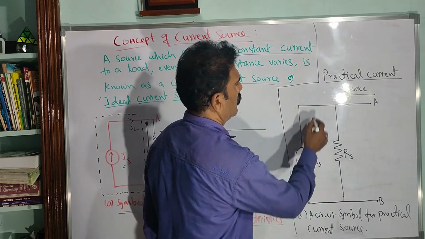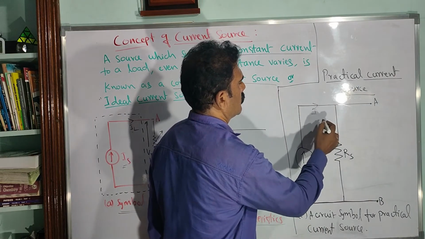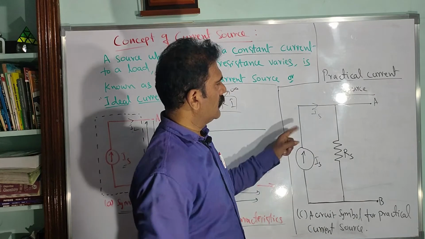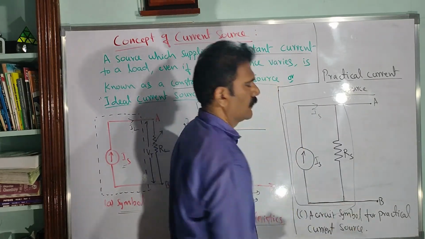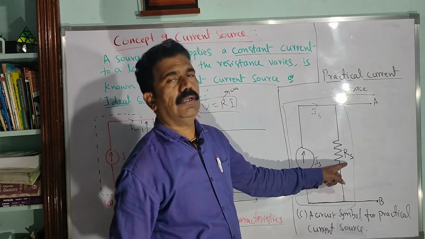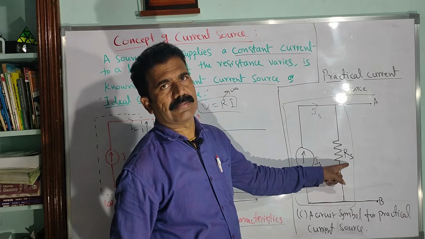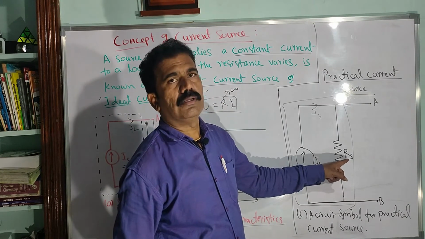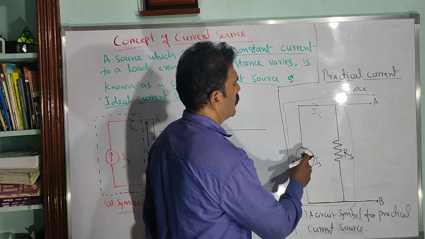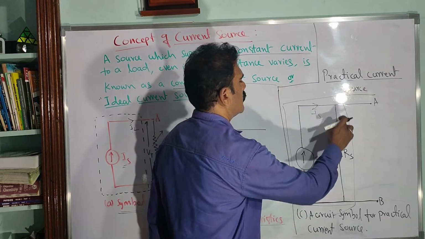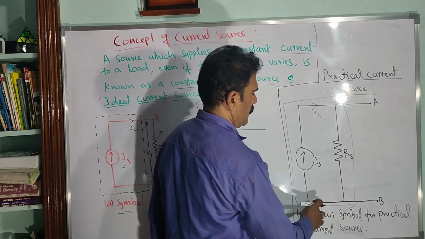This indicates the direction of current. Internally, this is actually the complete current source itself, and internally we have a resistance that is called RS, the internal resistance. So the current obtained from the source has to pass through this internal resistance RS.